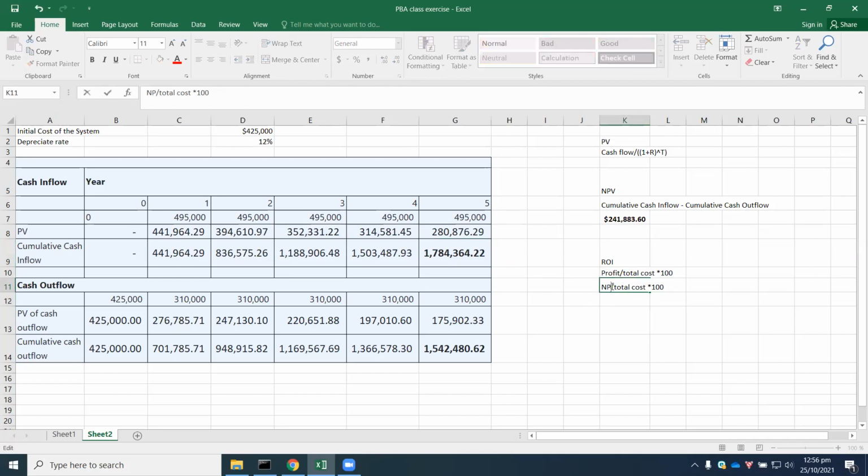To calculate that in terms of figures, it equals your net present value divided by the total cost multiplied by 100. So that's 15% return on investment. That means whatever money the organization has spent, they have achieved a 15% surplus on it. Any questions so far? Take about 5 minutes, everyone, and calculate the net present value and the return on investment.